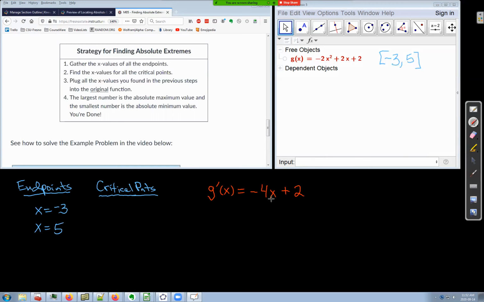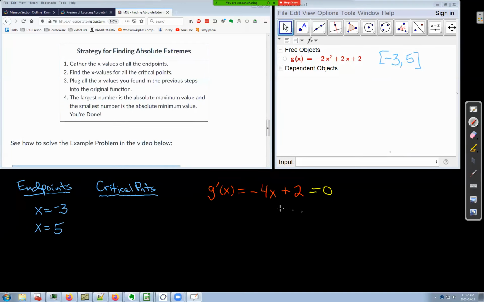Well, this is just a straight line, so it always exists. Remember, critical points are where the derivative does not exist or the derivative is 0. So I don't have to worry about that first one.